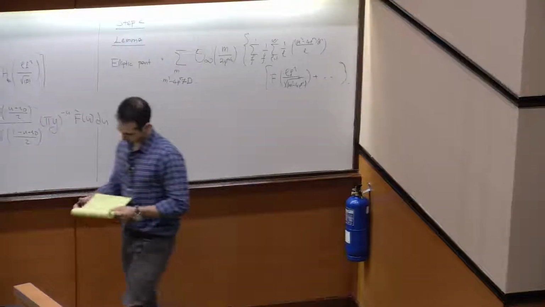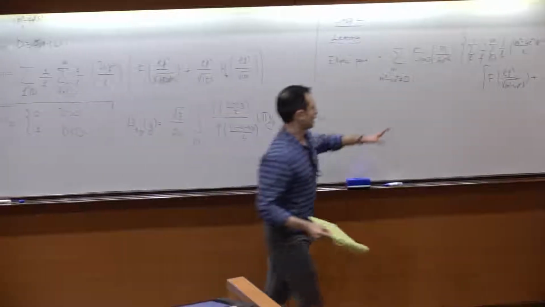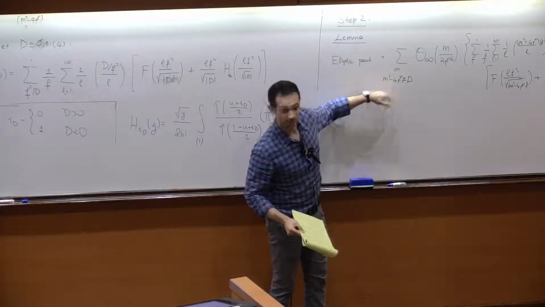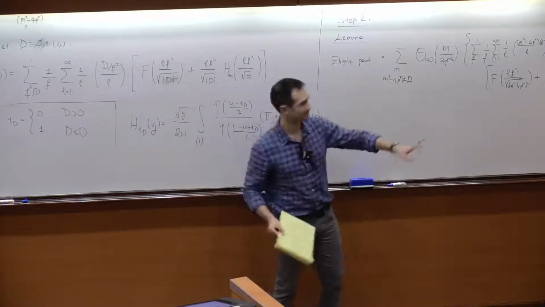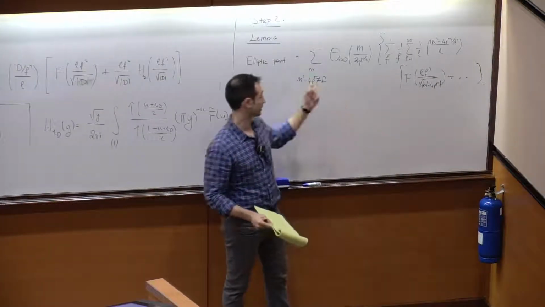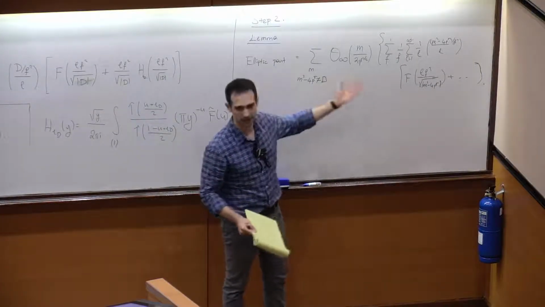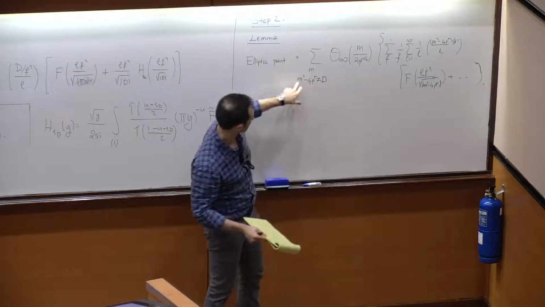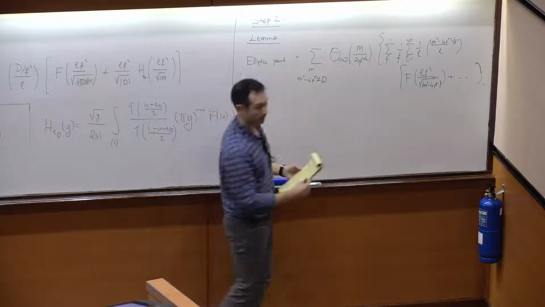There's a subtle point here. If this is a square, the approximate functional equation for the zeta function does not look like this. It has an extra term. And so I'm not writing the approximate functional equation for the hyperbolic terms. I'm manually adding and subtracting the terms for which this thing is a square. Does that make sense?